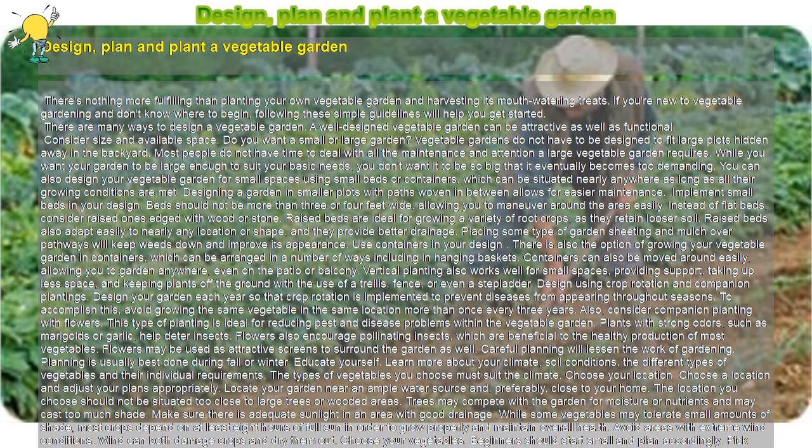Plant your vegetable garden. To determine the best time to plant any vegetable, check the hardiness zones for your area. Generally, once the threat of frost has passed in early spring, you can begin planting early crops.